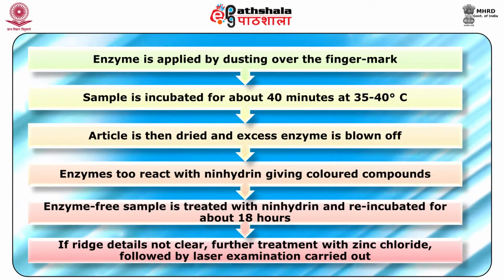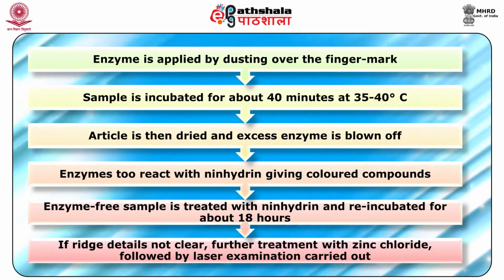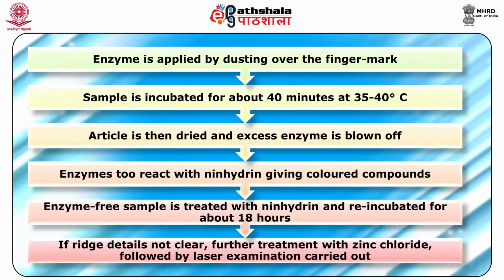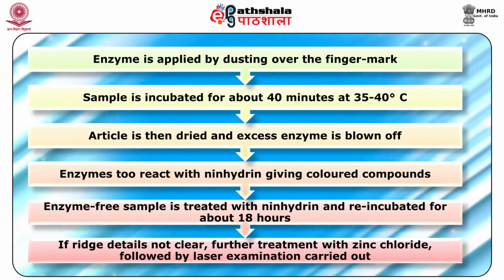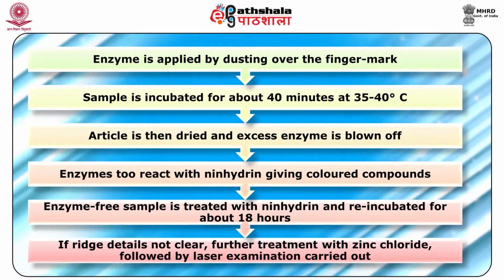This is necessary since the enzymes too react with ninhydrin, giving colored compounds. The dried enzyme-free sample is then treated with ninhydrin and re-incubated for about 18 hours. If rich details are still not clear, then further treatment with zinc chloride followed by laser examination may be carried out.